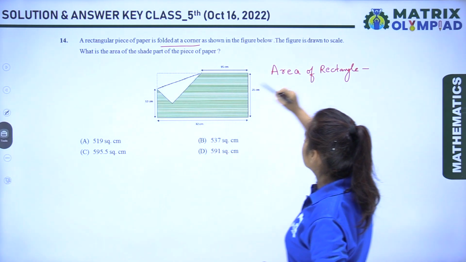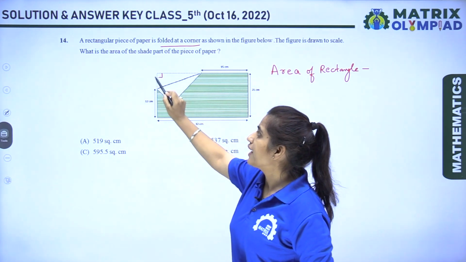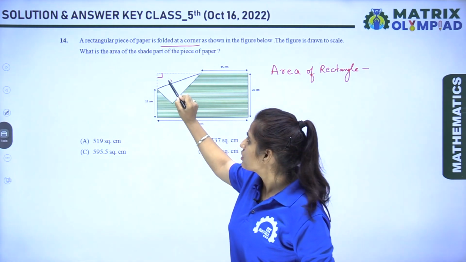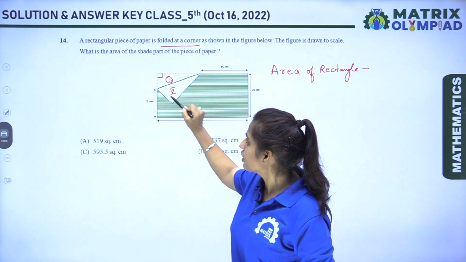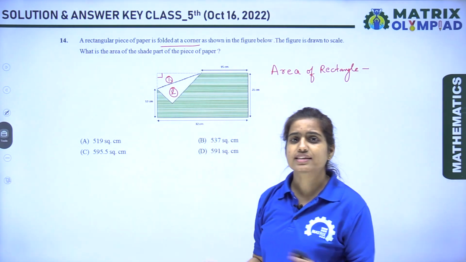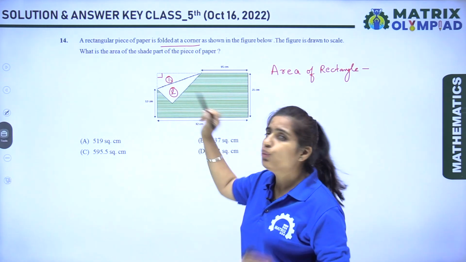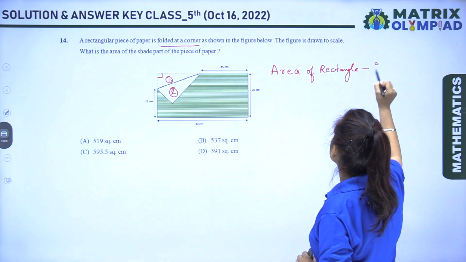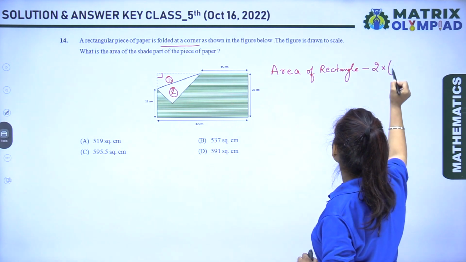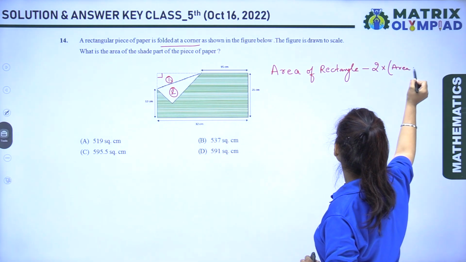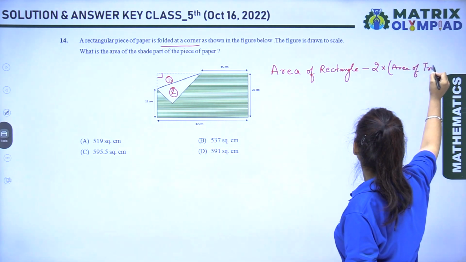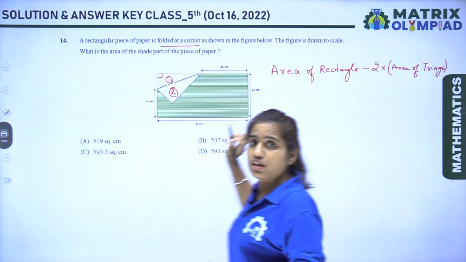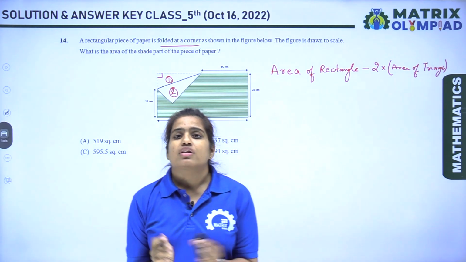We can see from the figure that it makes a 90 degree angle, so this is a right angle. This is one triangle and this is the other part. So let's subtract these two triangle areas from the area of the whole rectangle: 2 multiplied by the area of a triangle. Now let's begin with the formula part.